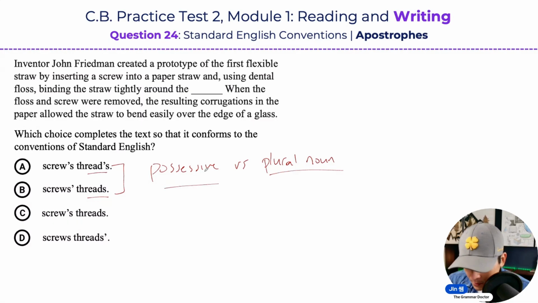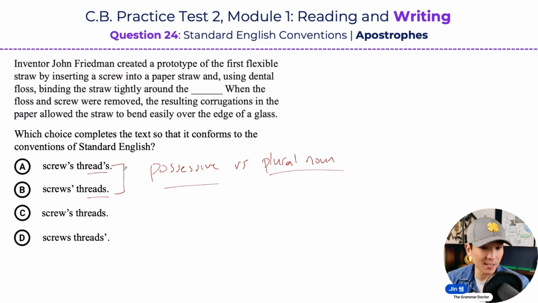Okay, so when you have an apostrophe S, it's used to show possession. When you have an apostrophe with a noun, it's used to show possession. So if I say something like Jin's car, Jin apostrophe S car, that car belongs to me. It shows possession.